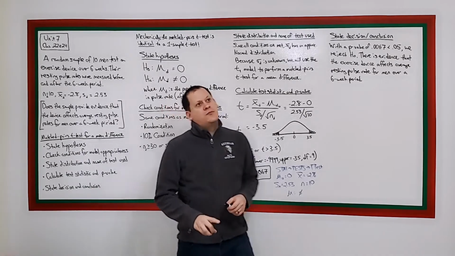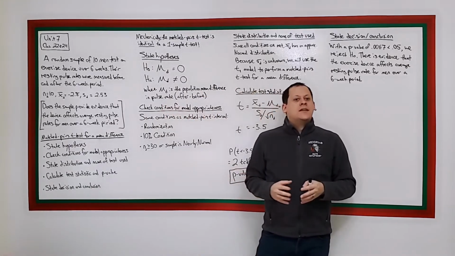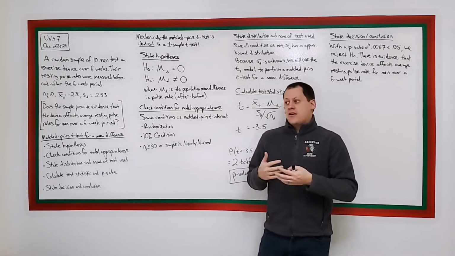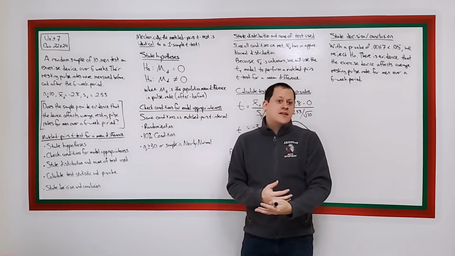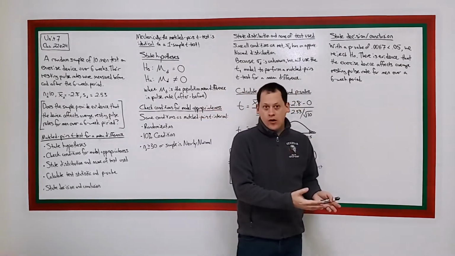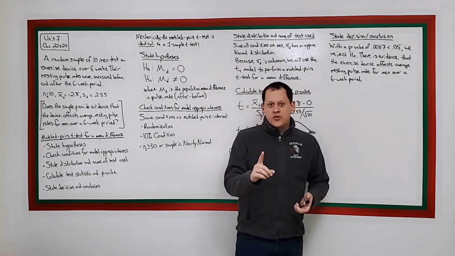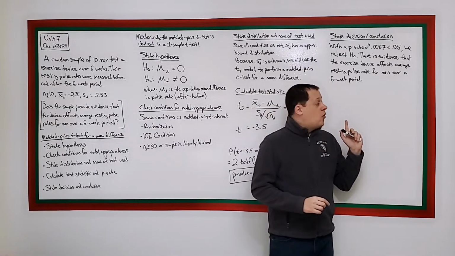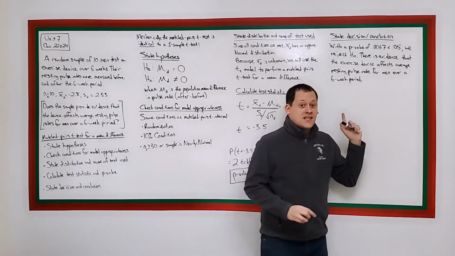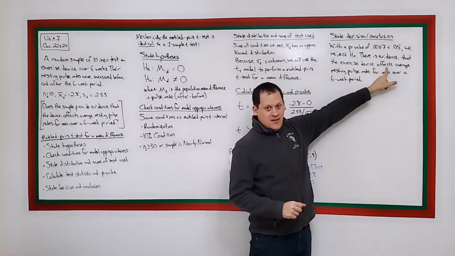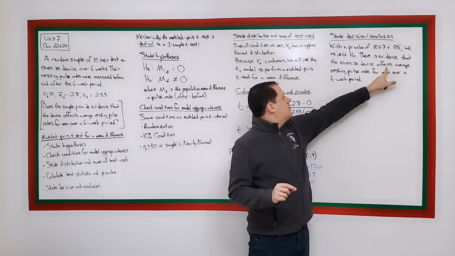Remember how when we do confidence intervals, when we interpret it, I like to go the extra mile and say that there is directionality involved, like, oh, the pulse rates are lower after than they were before. When it comes to interpreting this hypothesis test, all we can say is that there's evidence that the exercise device affects the average resting pulse rate.